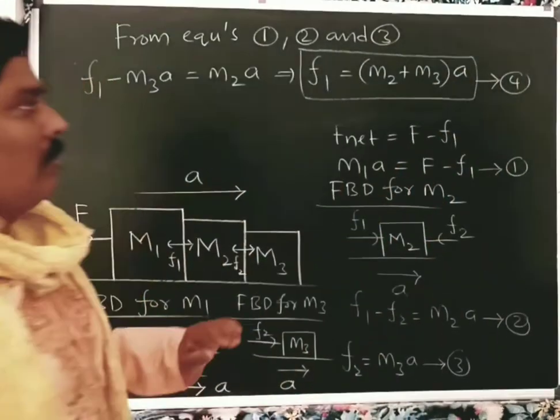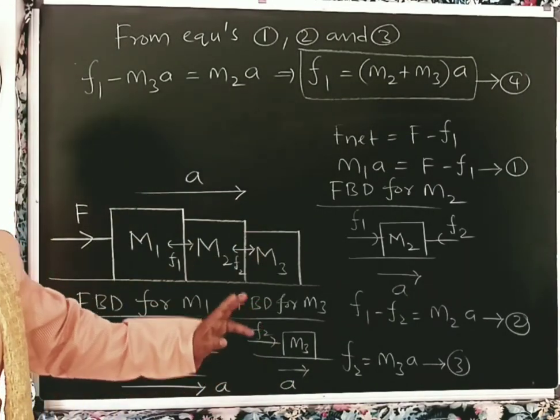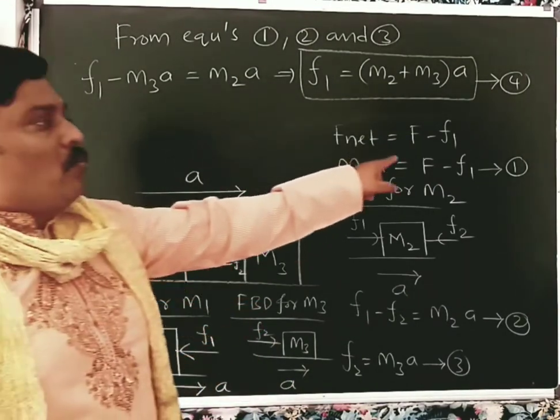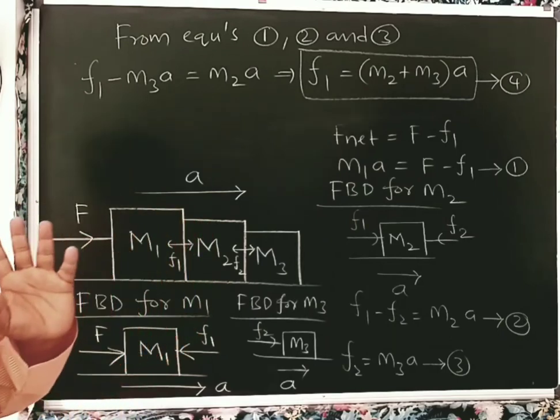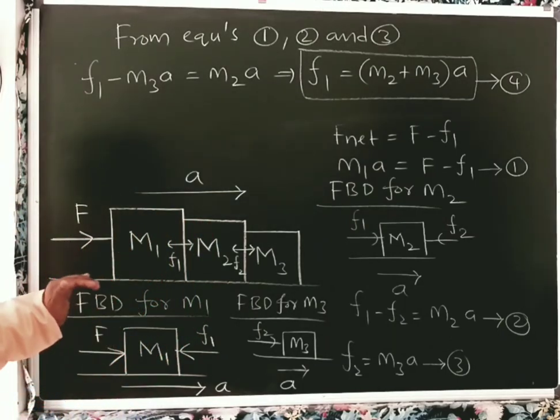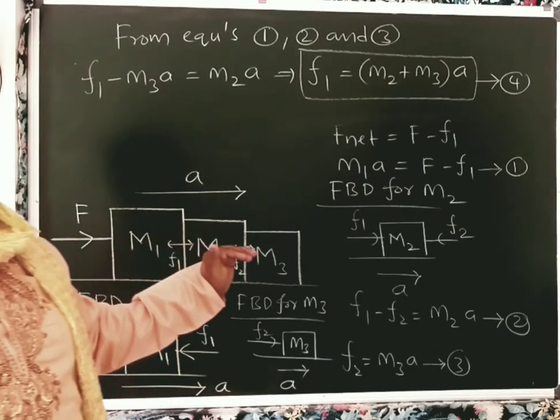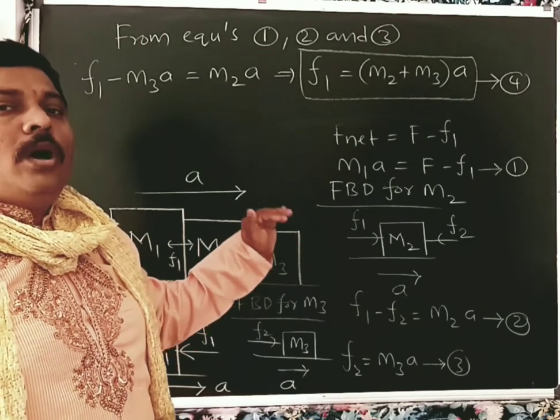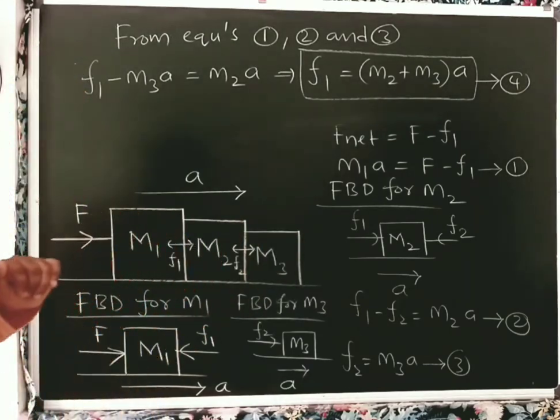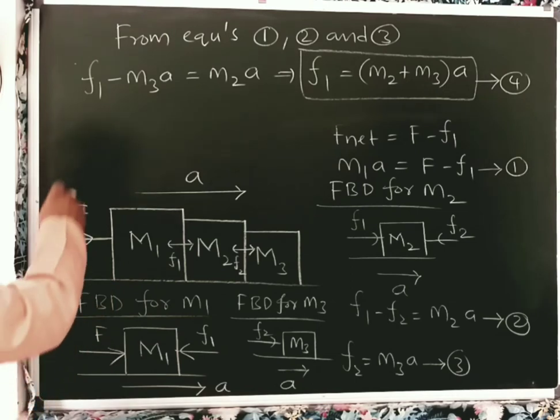Next, substitute the contact forces F1 and F2 in equation 1, then simplify, and we will get the external force applied on the system of three masses M1, M2 and M3. How to get it? Okay, check the expression.